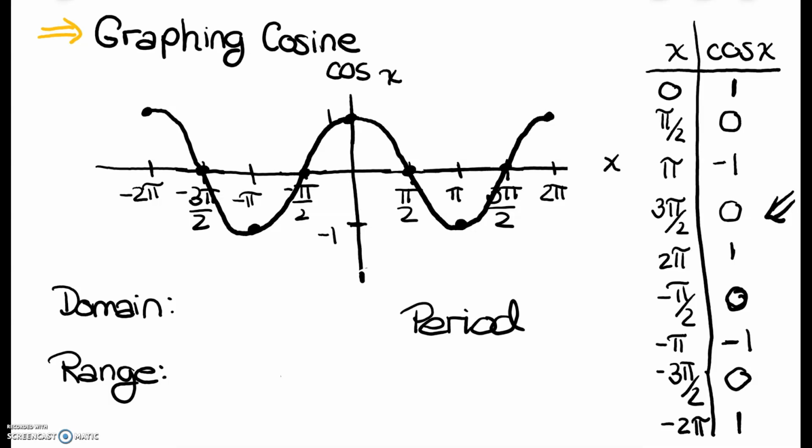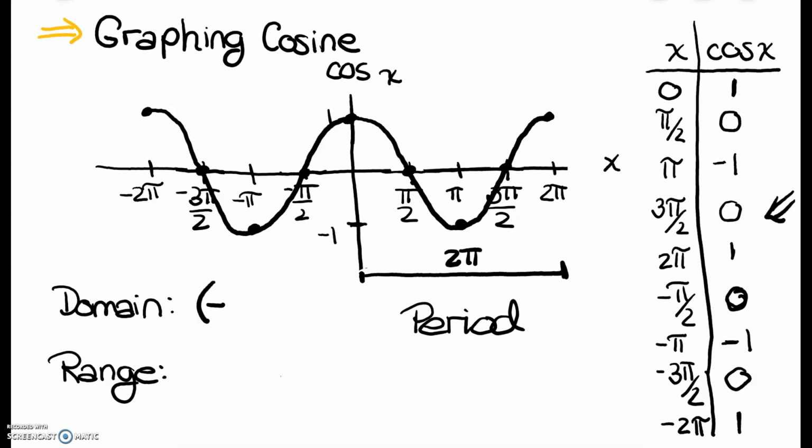You can clearly see that I get a complete snapshot of this graph from 0 to 2 pi. If I include any more, I'm going to get pieces of repeating parts. So I say the period here is 2 pi because it is a complete snapshot of my cosine function without any of the repeating parts.